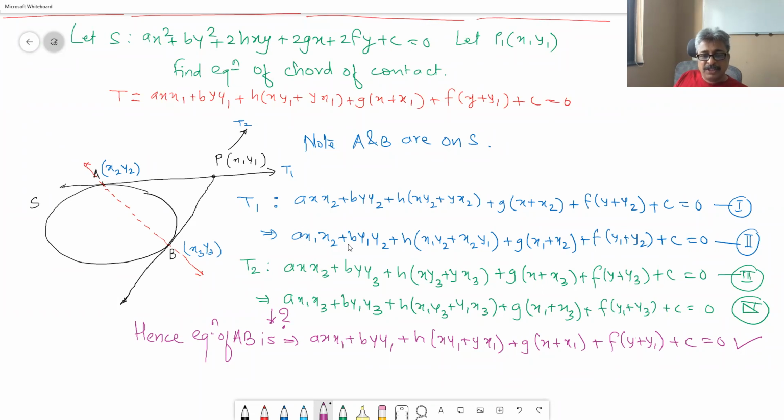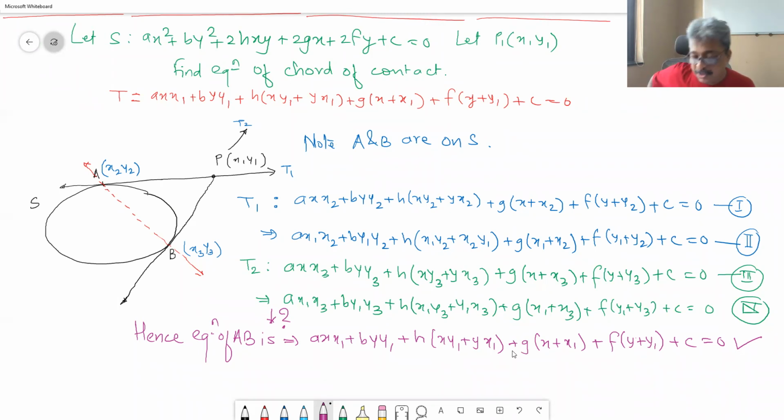Yes, of course it satisfies, because if you put x2 in place of x and y2 in place of y, you get equation number 2 and it is true. Therefore, A satisfies this equation, B satisfies this equation, and therefore a linear equation, degree of x is 1, degree of y is 1, linear equation in x and y passing through A and B must be equation of straight line passing through AB.